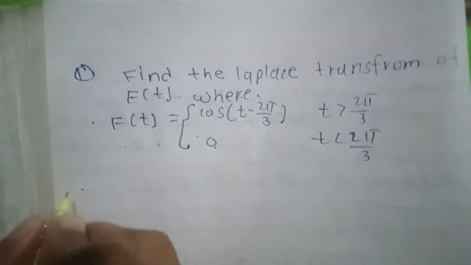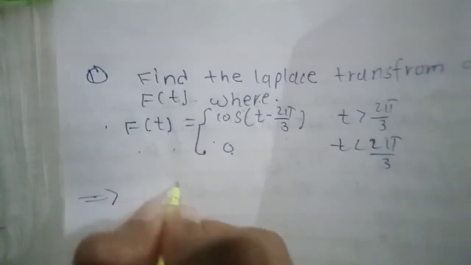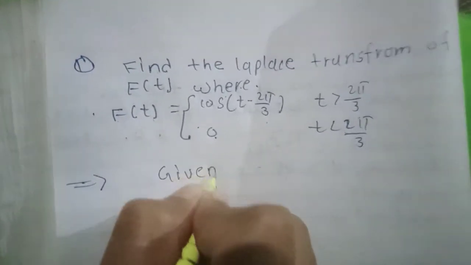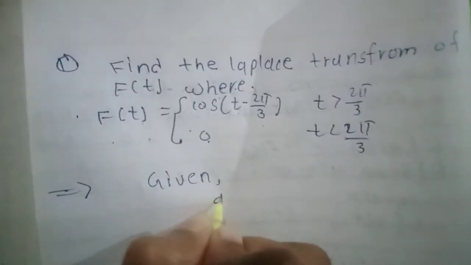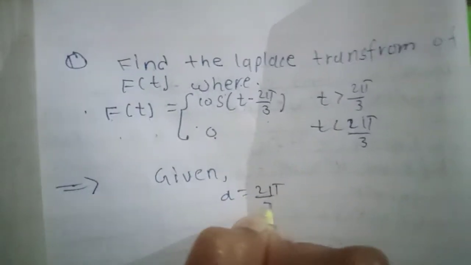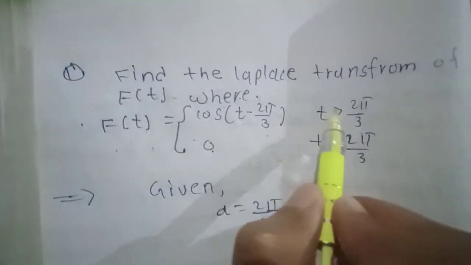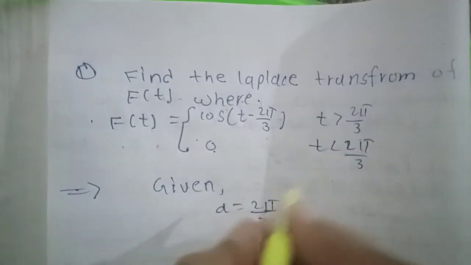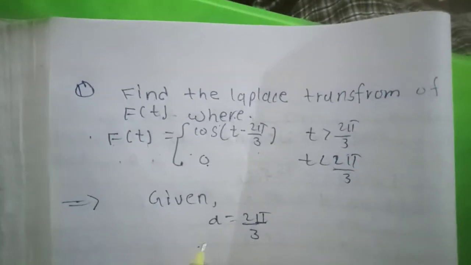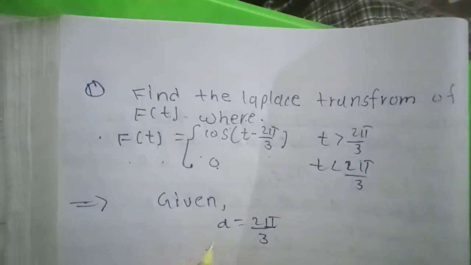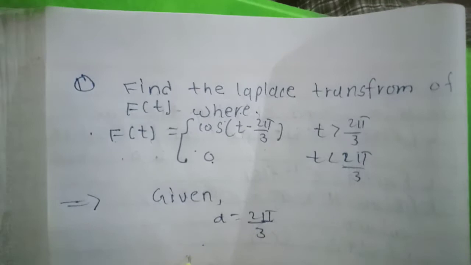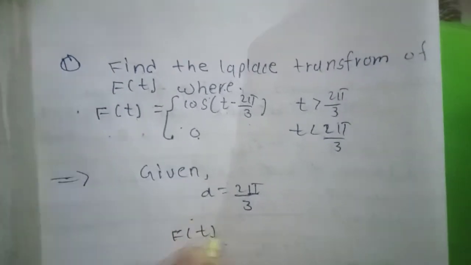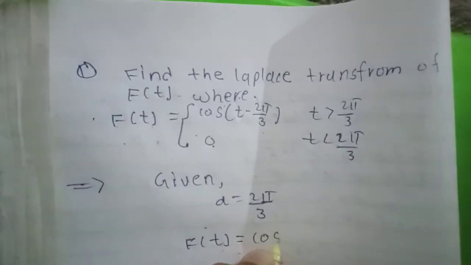But we know the theorem. First we write what is given. Here a means 2 pi by 3. We know t is greater than a, so this is a, and f of t is cos of t.